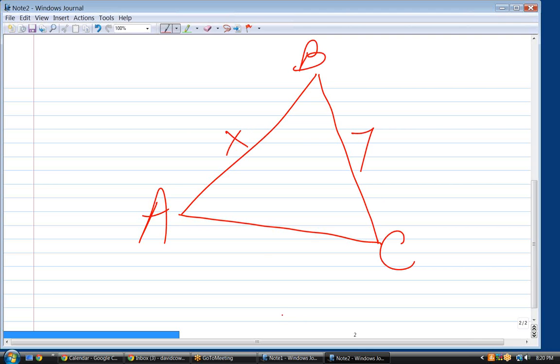And then AC is 12 centimeters. And theta is an angle. Angle ABC is theta.